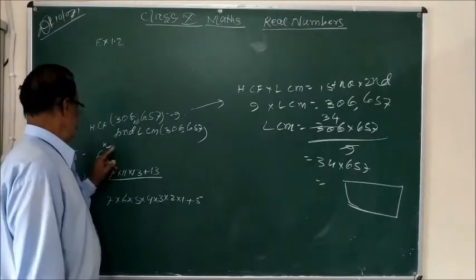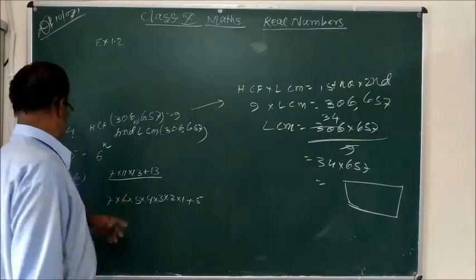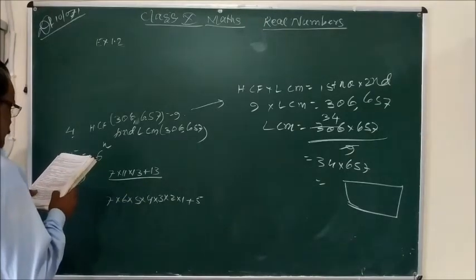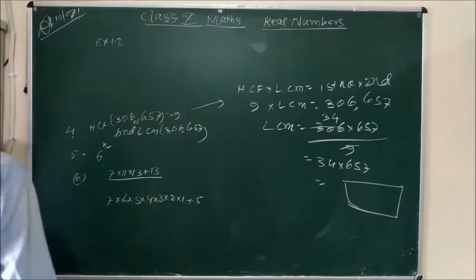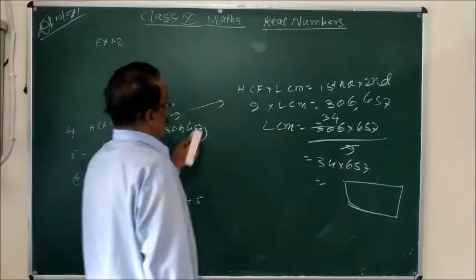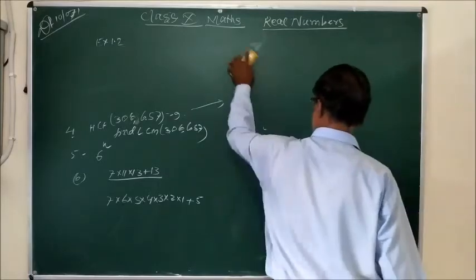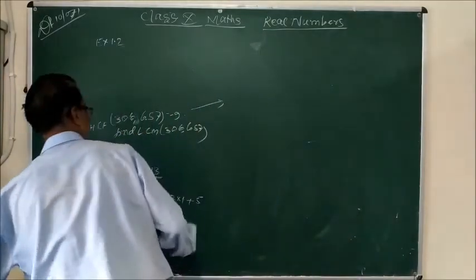Now it is question number 5. The question is, can 6 power n end with the digit 0? My dear students, 0 should be in the unit place. So what is the condition?